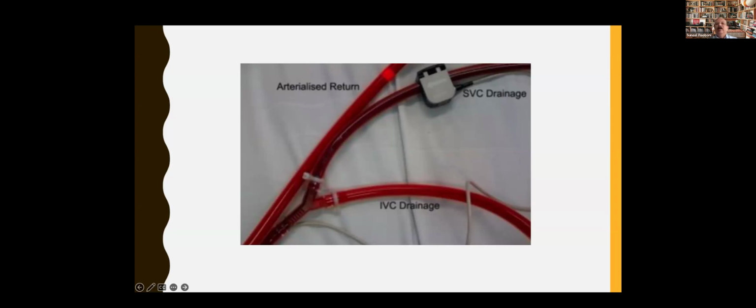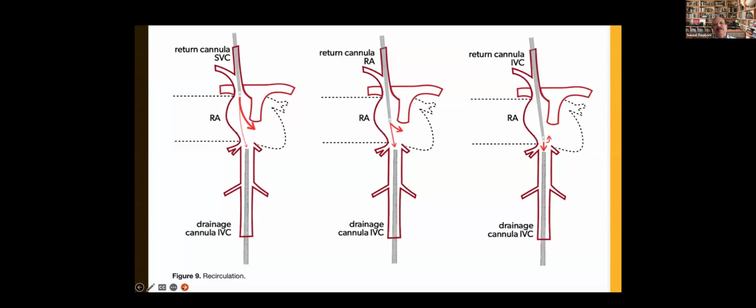So when a high proportion of recirculated blood is going back to the circuit, you will see both the cannulae here with red blood, because the red blood is coming to the right atrium, and similarly the red blood is getting sucked into the drainage cannula. So in that case you will lose this color difference. That is very important to keep an eye on.